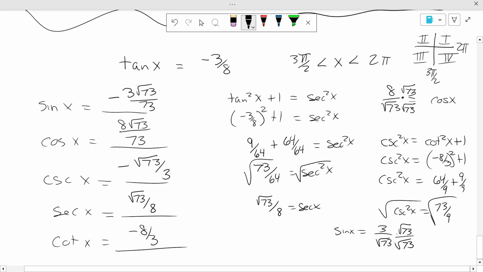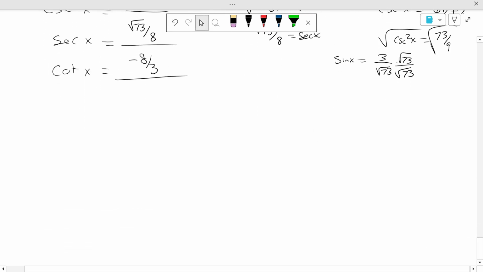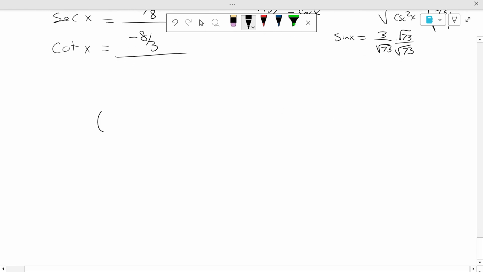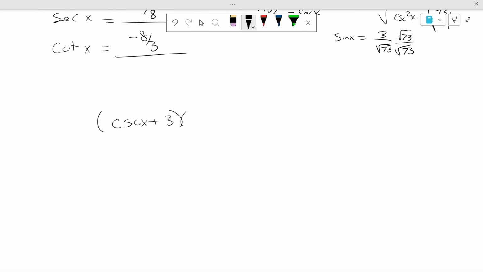Also on the worksheet today, or the sample quiz, whatever you want to call it, we'll have some FOILing, like cosecant of x plus 3 times cosecant of x minus 4. You just FOIL and solve. Easy peasy.